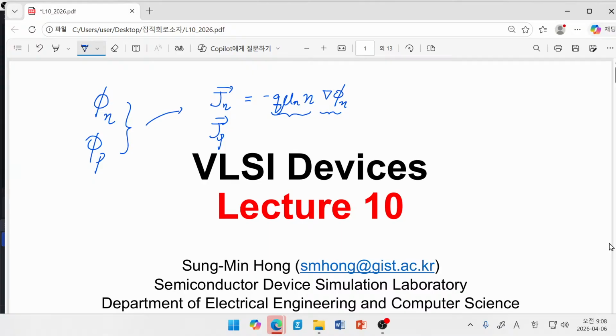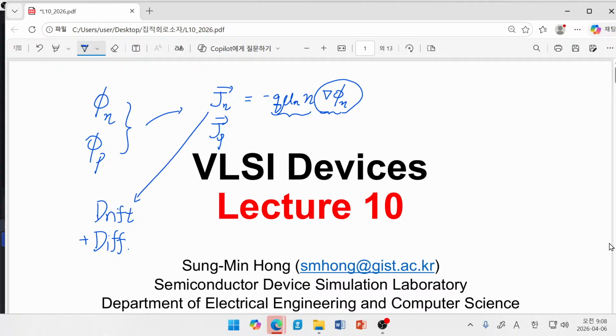Of course, Jn assumed in this lecture is always a sum of a drift component and a diffusion component. However, by considering this electron quasi-Fermi potential, we can consider the synergetic effect of these two components. That was our main discussion in our previous lecture.